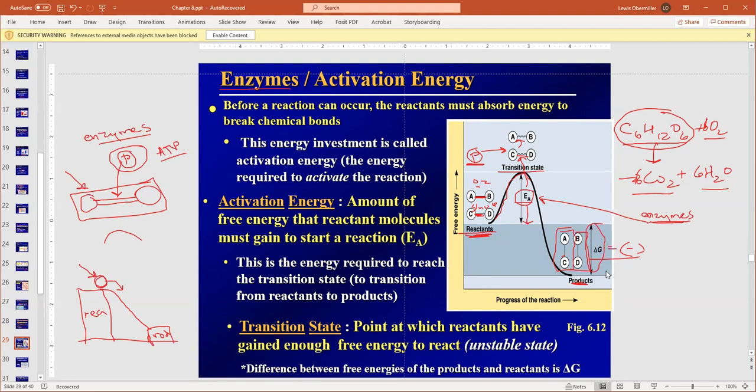So this is a spontaneous reaction, but we still have to use the enzyme to input the activation energy to get it to start the reaction. All right. So transition state is when we weaken the bonds, and then the reaction will go until the bonds reform in a new way to make a new molecule, just like converting sugar and oxygen into carbon dioxide and water.